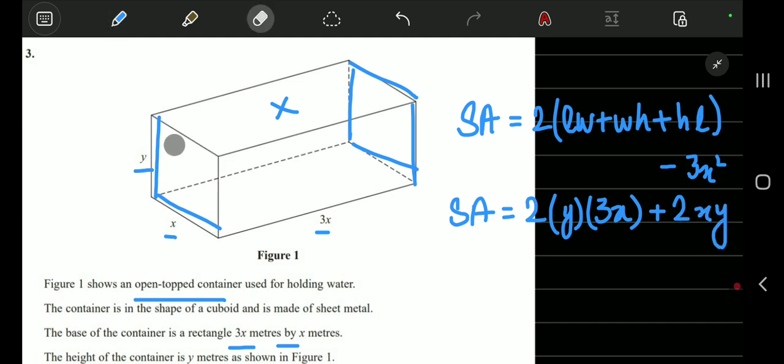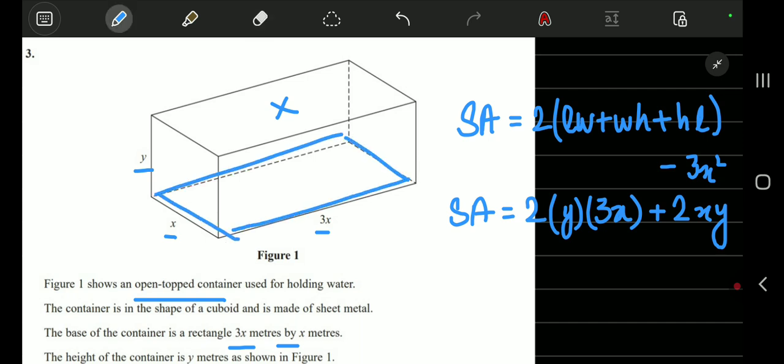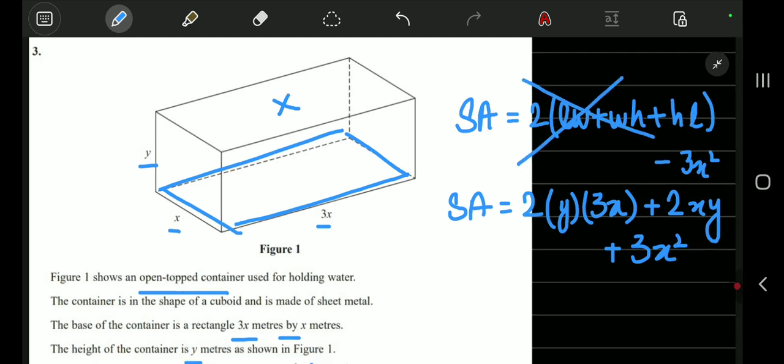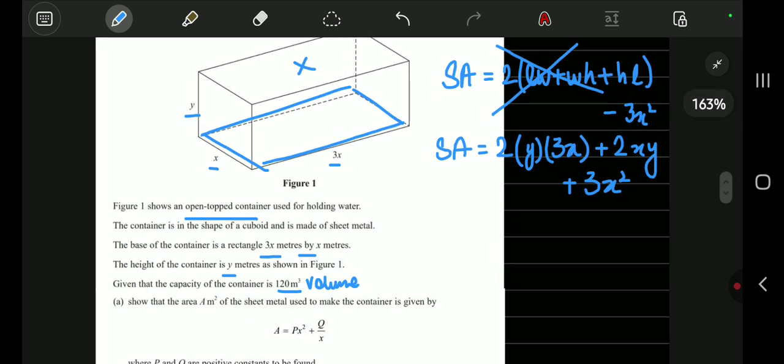And lastly, we have this face, but we don't have the top face, so we will not write that. Just for the bottom one, it will be 1 times 3x times x, so plus 3x². This is how you can make your surface area formula even if you don't remember it.